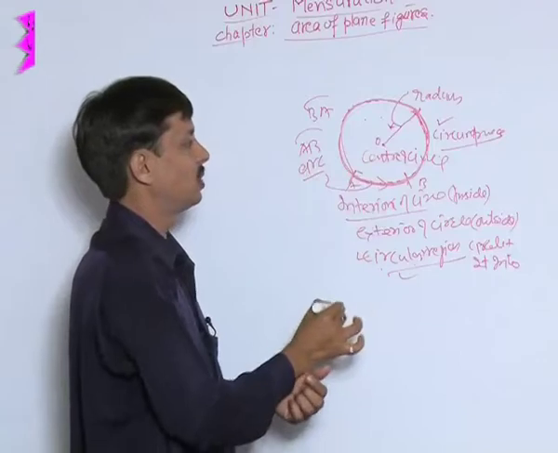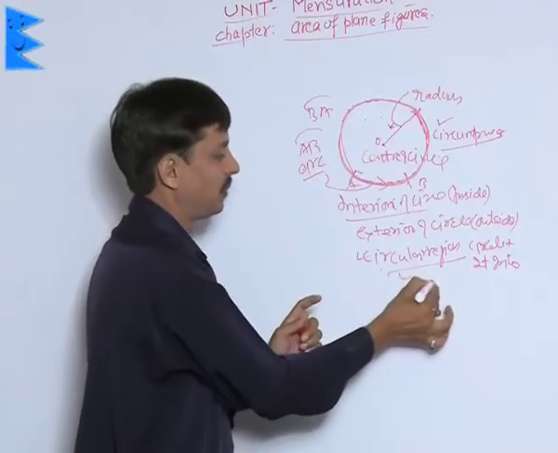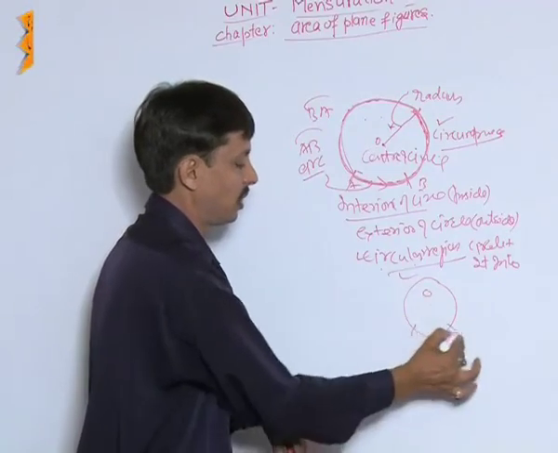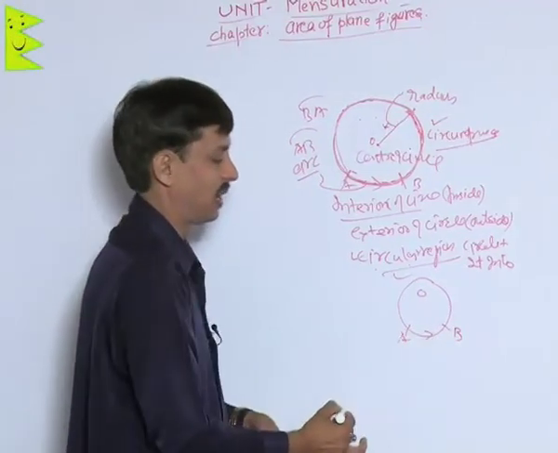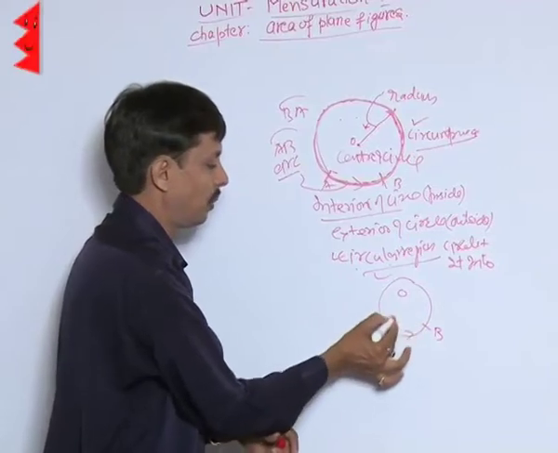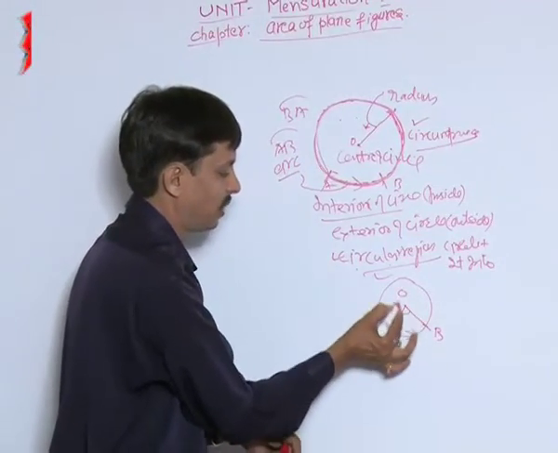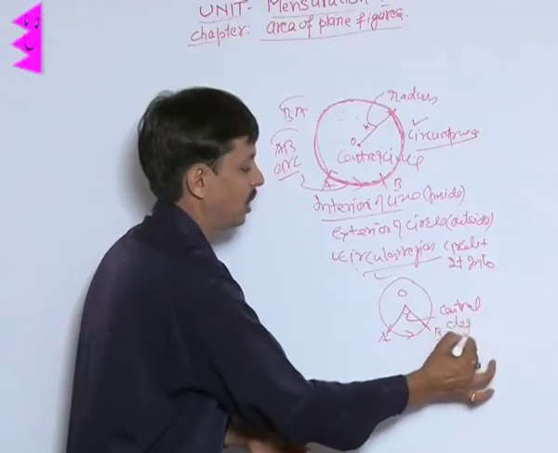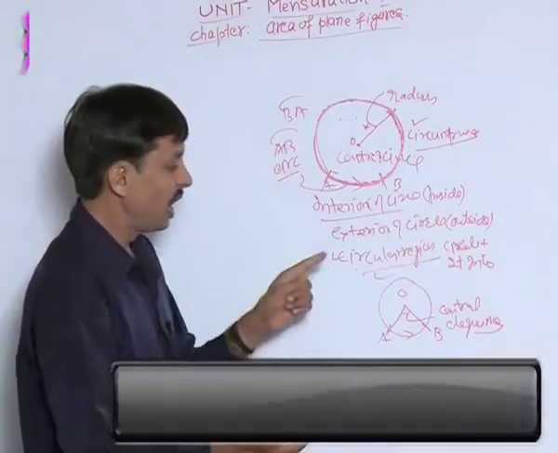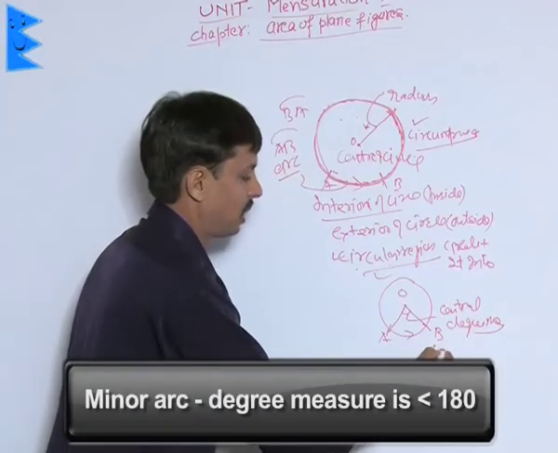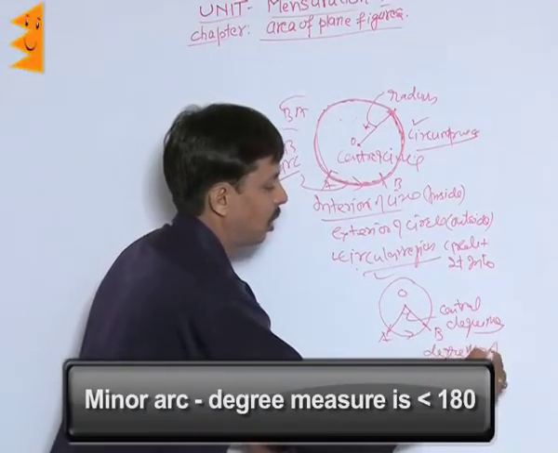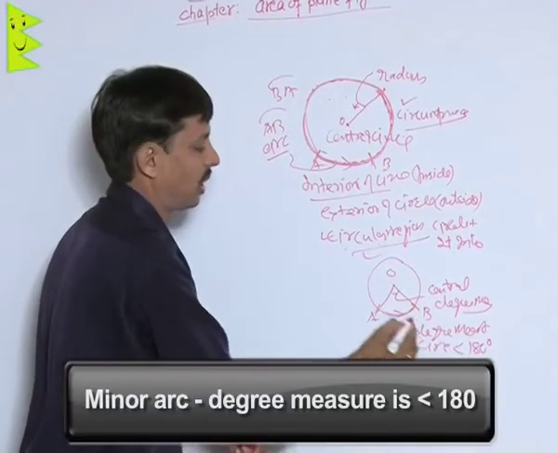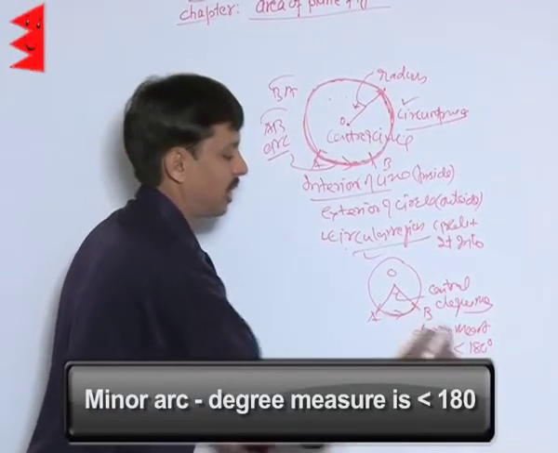Now the question comes, what is the degree measure? I am drawing one more circle here in order to explain. Center is O. This is an arc AB taken in anti-clockwise direction. If the end points of the arc are joined to the center, this angle is known as the central angle, or we say it is the degree measure. If the degree measure is less than 180, then the corresponding arc is known as a minor arc.